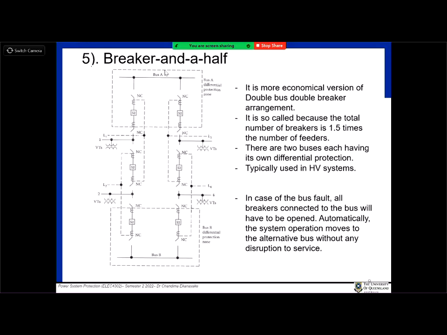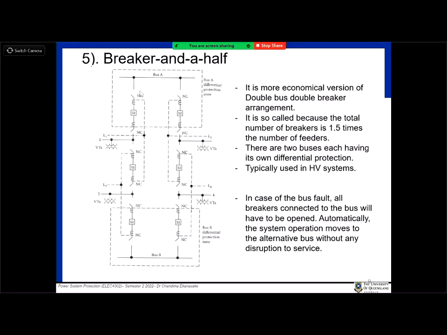One of the major advantages here is that none of the customers lose power when there is a bus fault, and you don't have to use a large number of breakers either. It's only 1.5, not 2. That is a very attractive feature of breaker and a half.